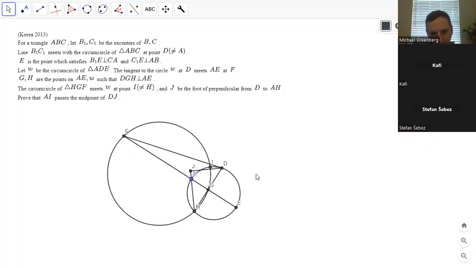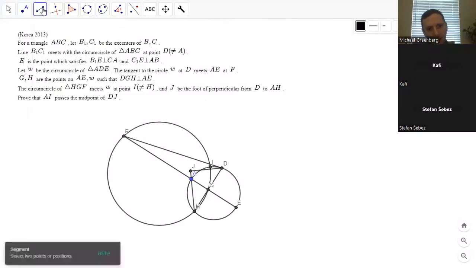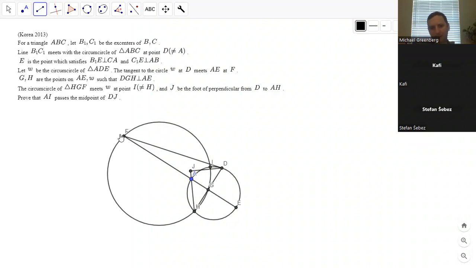AE is a diameter, D and H are reflections in AE, J is the obvious intersection, and DF is tangent. And the only kind of hard point is I, which is the intersection of these two circles. And we want to show that DJ bisects AI, or AI bisects DJ.